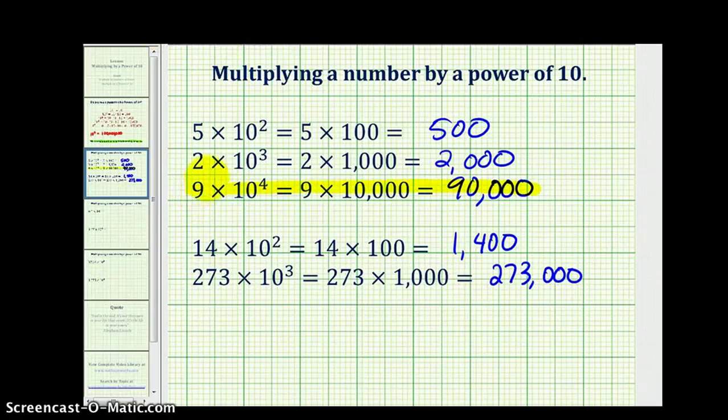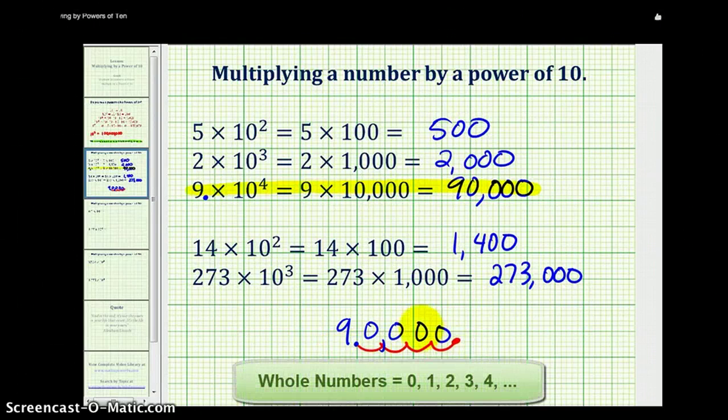the decimal point on this 9 would be just to the right, or right here. So if we had 9, and we move the decimal point to the right the same number of places as the power on 10, so in this case 4 places to the right, we could also determine this product. So if we move this to the right 4 places, 1, 2, 3, 4, and then fill in the missing digits with zeros, notice we'd also have the product of 90,000.